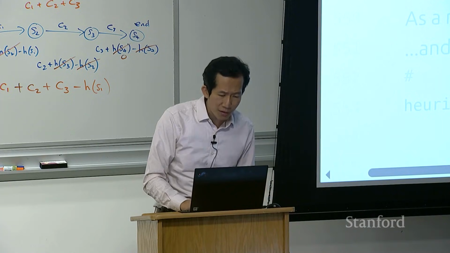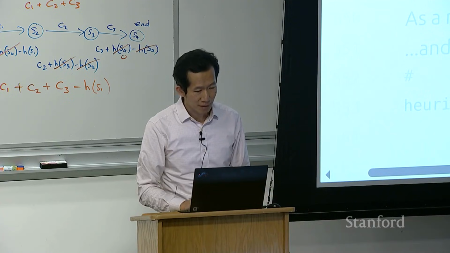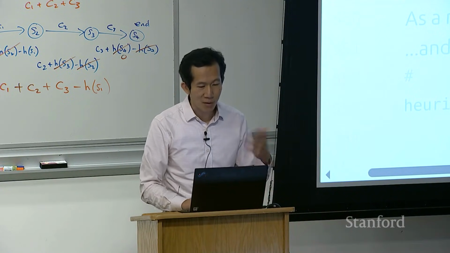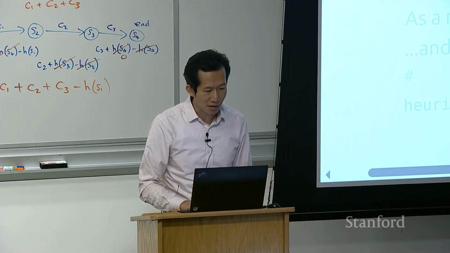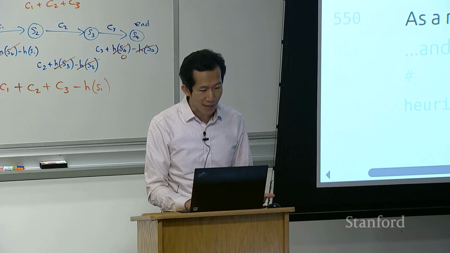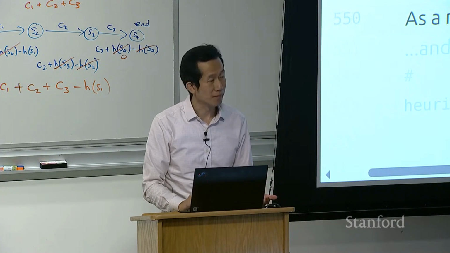Okay, so in the original problem, the tiles cannot overlap. But in the relaxed problem, you invent your own rules. You can say the tiles can overlap. So I can just drag this 8 over here. Obviously that makes it a lot easier, and as a result, it actually breaks up into 8 independent subproblems.